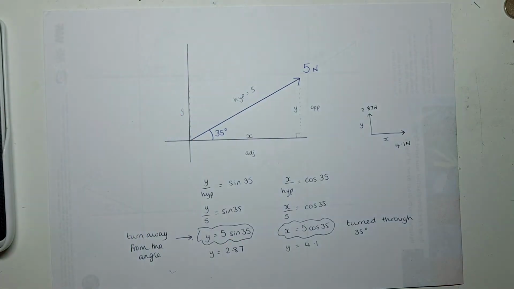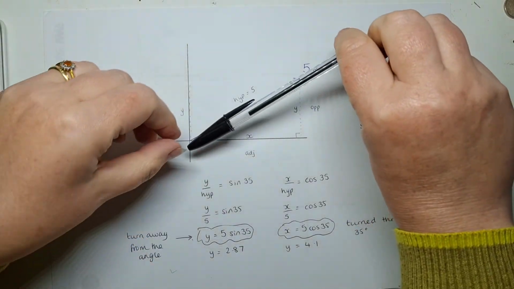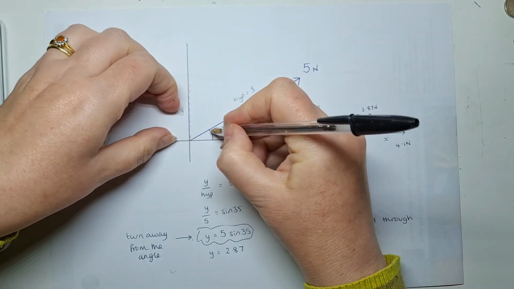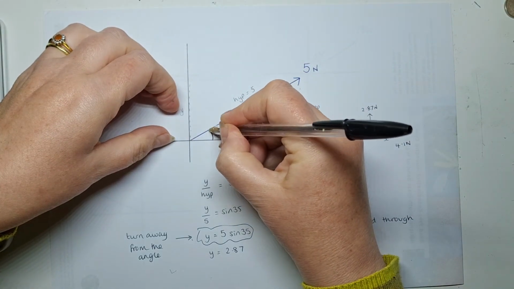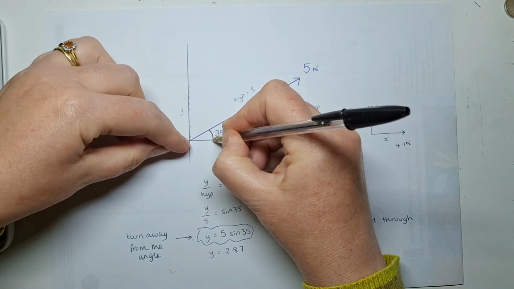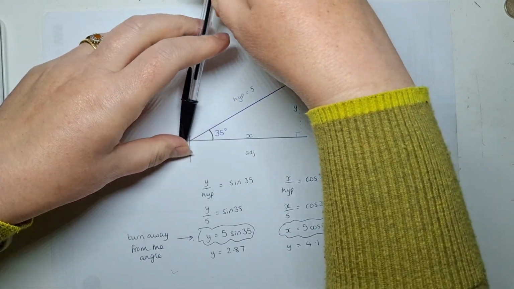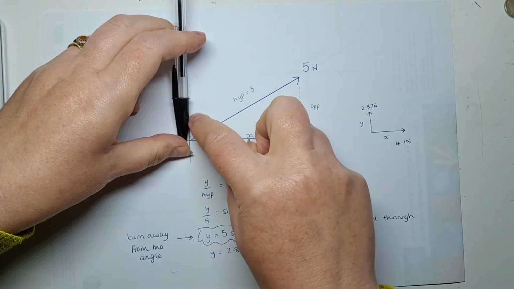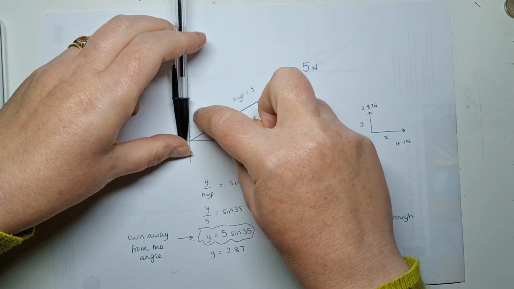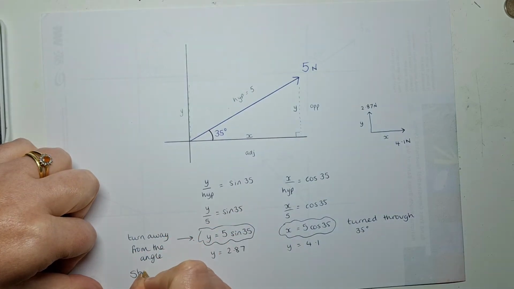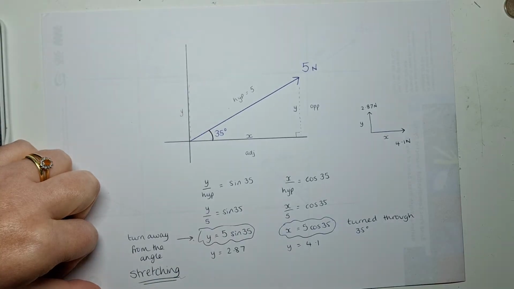Now, the very quick way to remember this is just to say, if you turn away from the angle, I want you to think about this little bit of the line as being a little bit of an elastic band. And you're stretching that piece of elastic quite a long way, because I want you to imagine it's stretching all the way up to there. So you're stretching the angle.